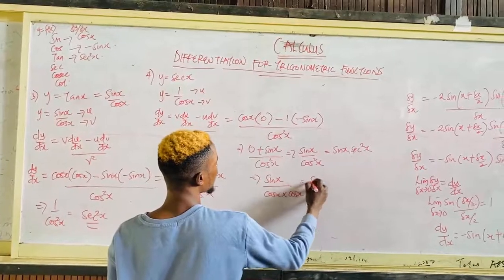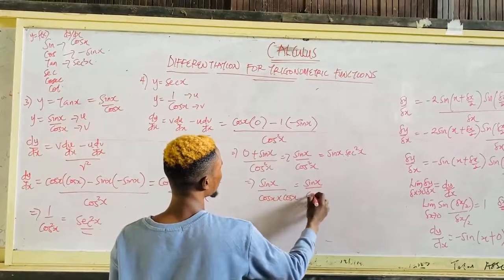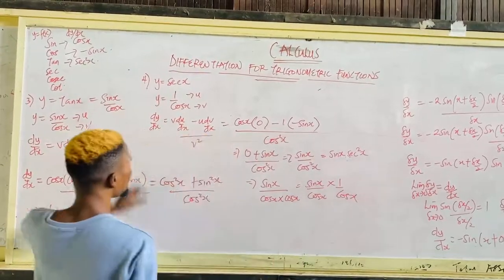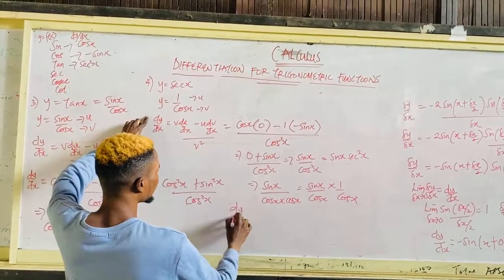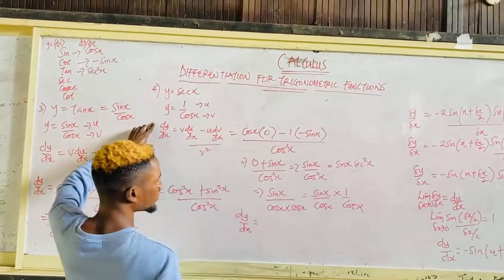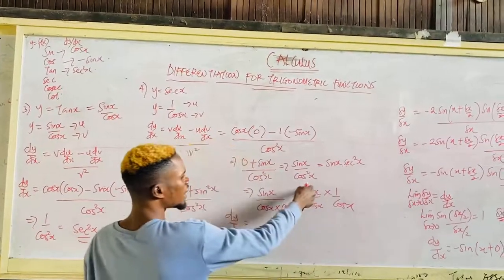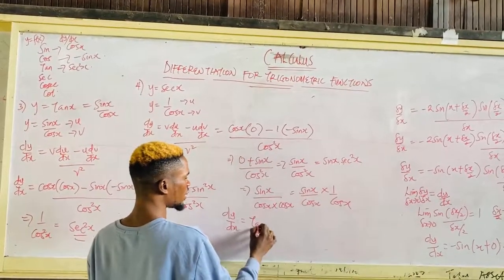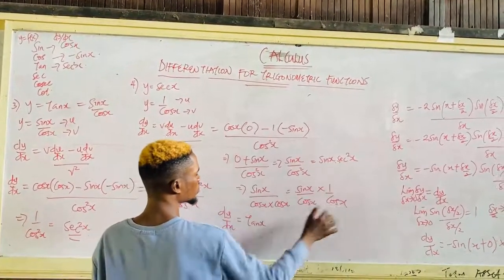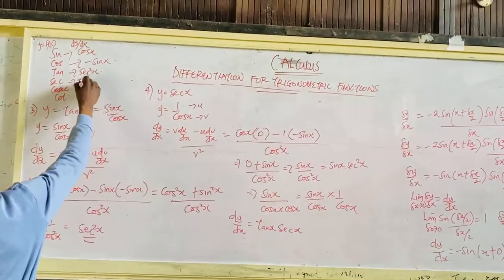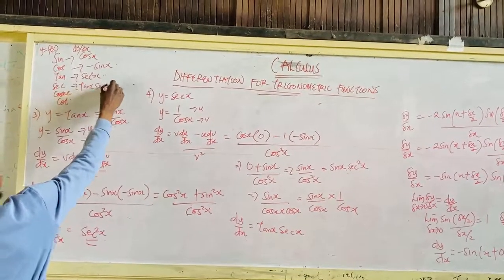That's sin x over cos x times 1 over cos x. So the derivative coefficient of sec x, instead of writing it as sin x sec square x, you can write it as sin x over cos x, which is tan x. 1 over cos x is sec x. So this is tan x sec x.